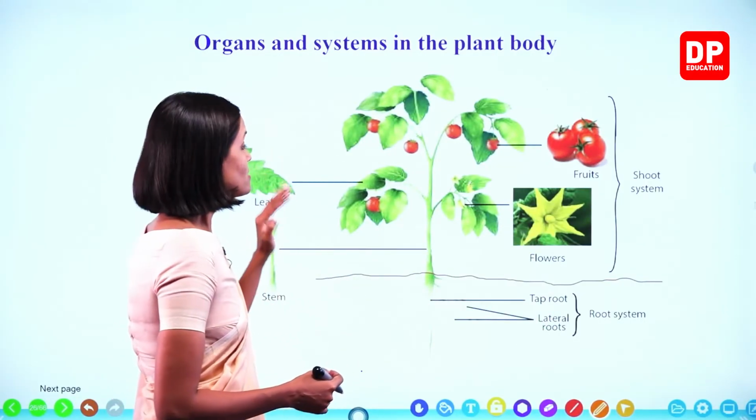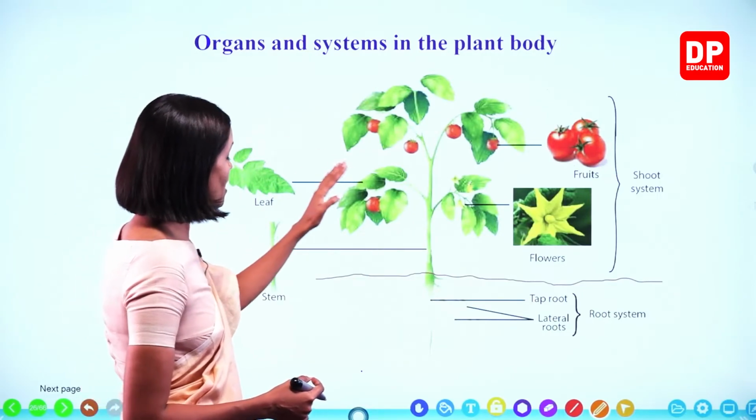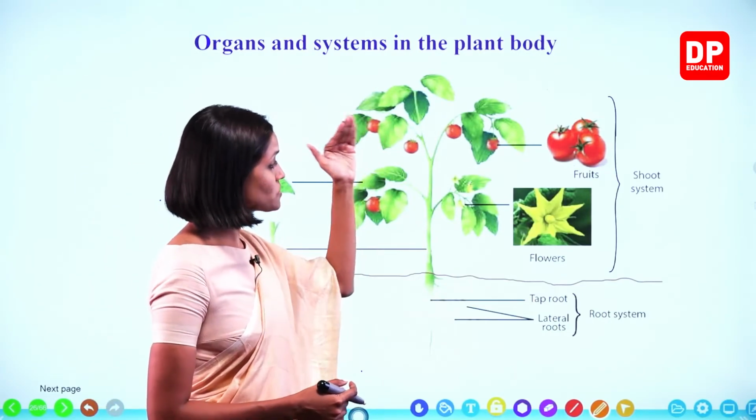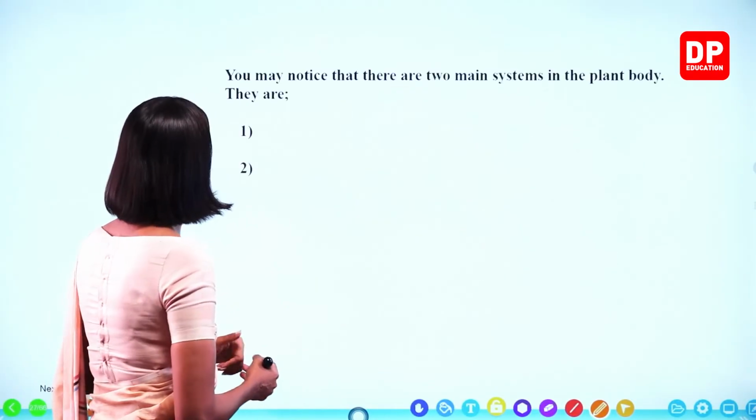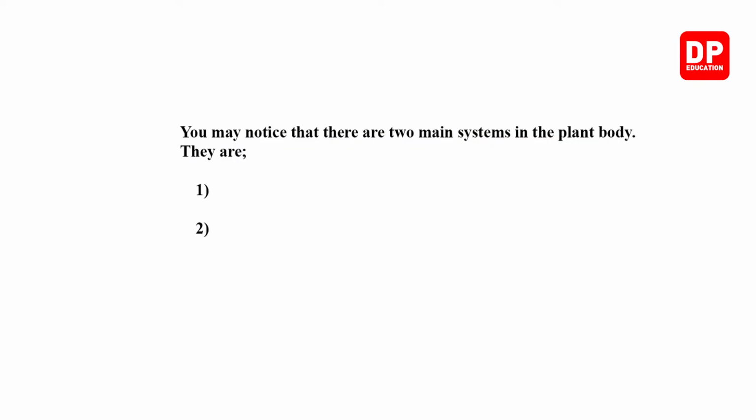Okay, children? So basically, when it comes to the plant body, there are two systems, the shoot system and the root system. You may notice there are two main systems in the plant body. What are they? Shall we write here?